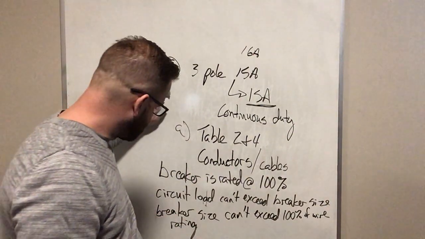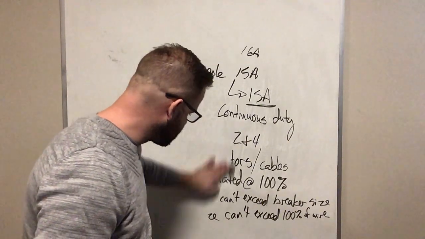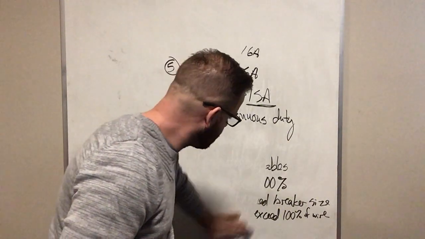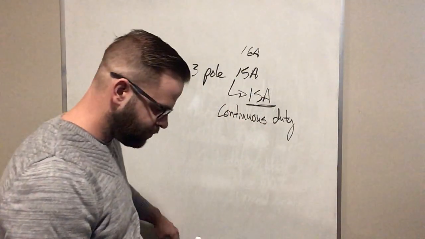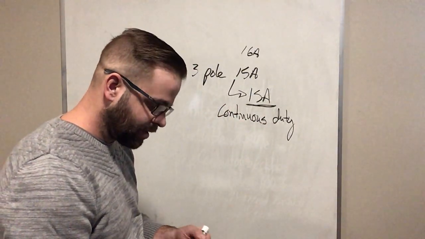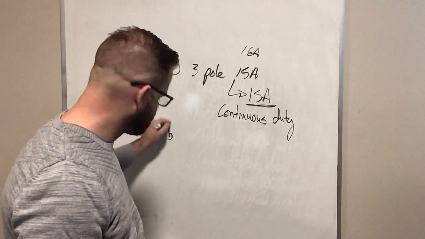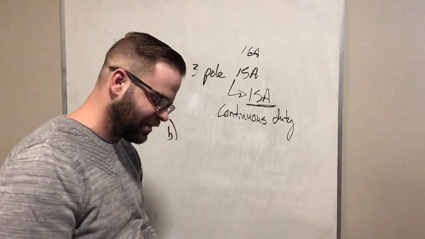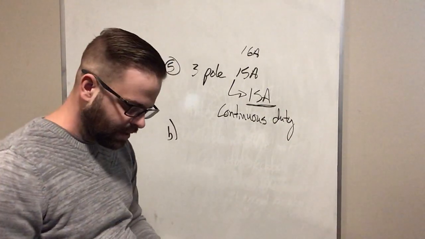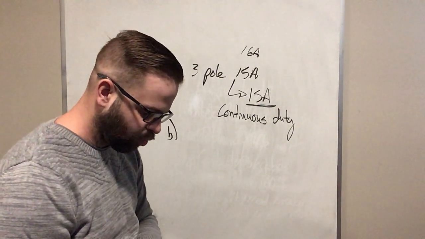All right. So now we're going to look at what it means when it's talking about option B, and this ties close to everything else. So option B says shall not exceed 85% of the allowable ampacity of single conductors selected in accordance with subrule 4.